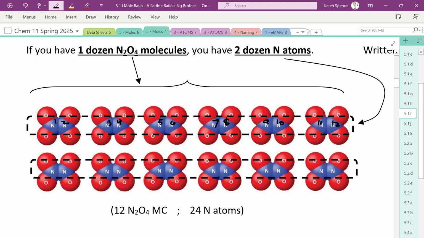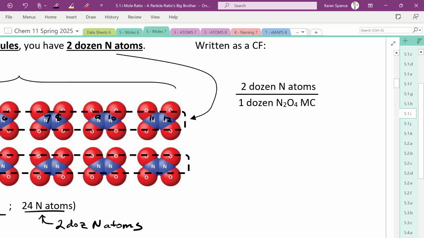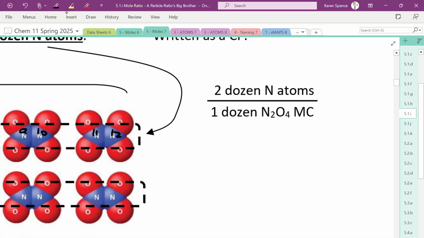So 12 in that one row and then another 12 in the next row gives us 24 N atoms, which is 2 dozen N atoms. And we have 12 N2O4 molecules, which is 1 dozen N2O4. So the ratio is once again exactly the same. We have a 2 to 1 ratio. There are 2 dozen N atoms for 1 dozen N2O4 molecules.